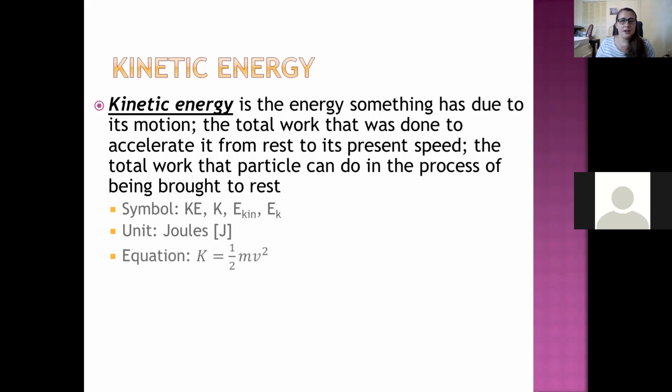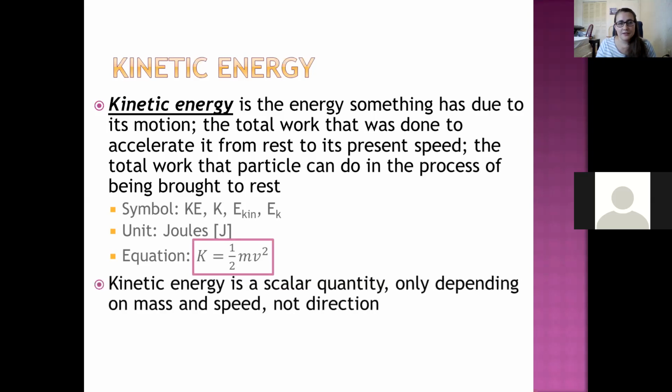And the equation for kinetic energy is 1/2 mv squared, where m is the mass of the object and v is the velocity. That's a really important equation to remember, so I put it in a little pink box. Kinetic energy is also a scalar quantity.